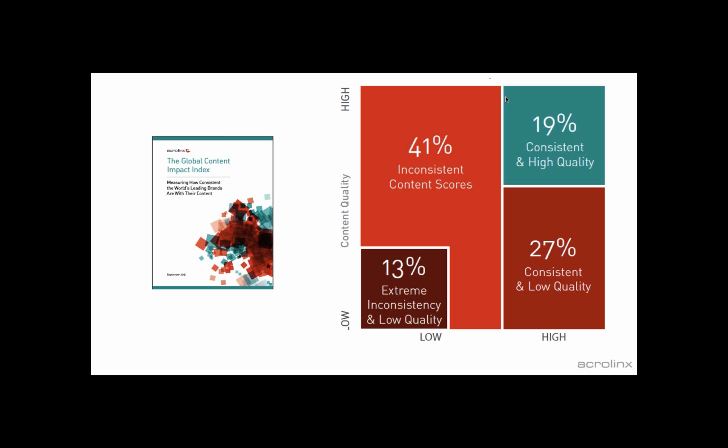And the rest, as you can see in this graph, either had inconsistent and low quality or extremely inconsistent and low quality. So it was really a bit of a shocker to see where people are standing on the web.